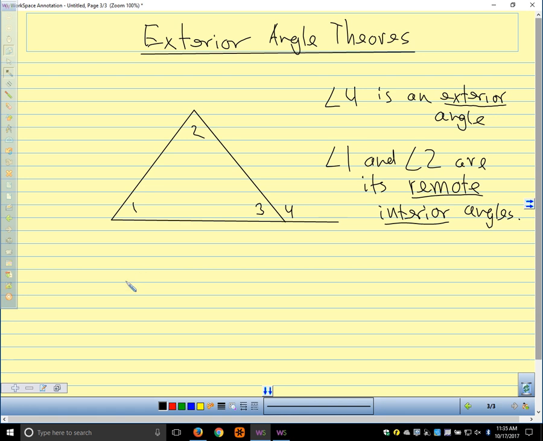We're going to say the measure of angle 4 equals the measure of angle 1 plus the measure of angle 2.